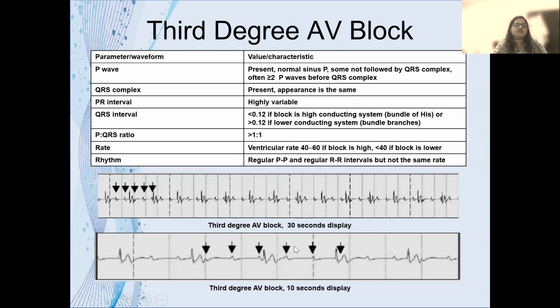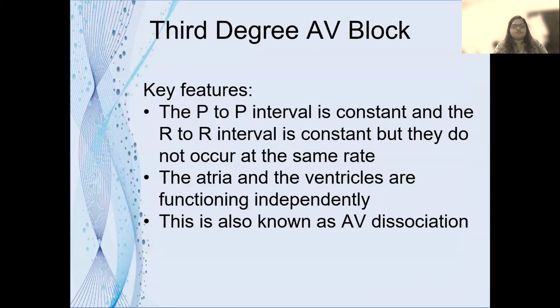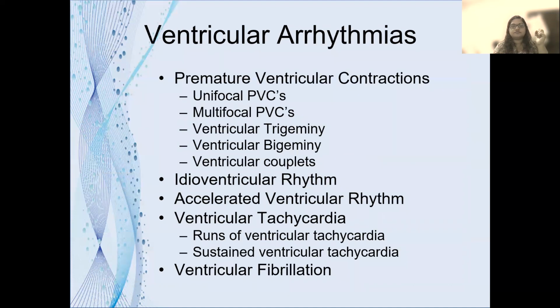There is no connection between P wave and QRS. So in third degree AV block, there is very minimal cardiac output. So it has to be treated. It's a serious situation. So this is also known as AV dissociation. There is no connection between the P wave and the QRS.